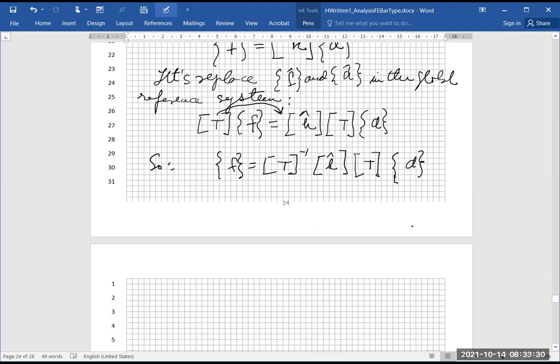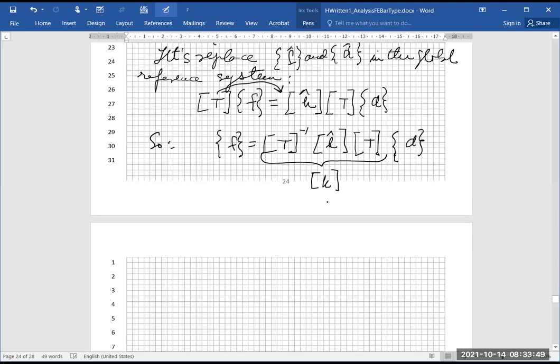What we can do is simply combine this operation, and we can call it K. Remember, there is no hat. That means that it's in the global reference system.